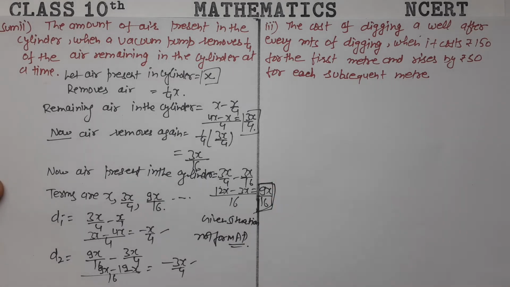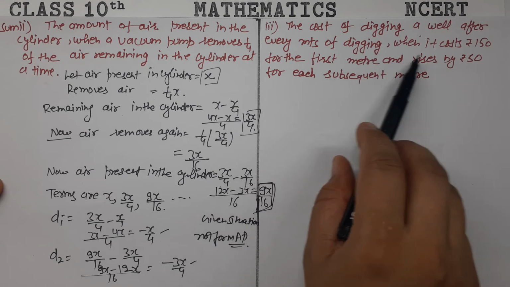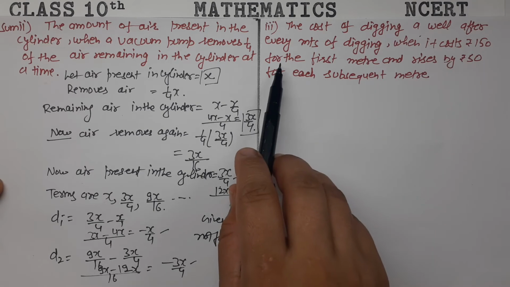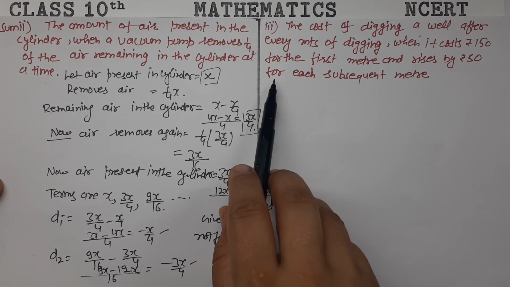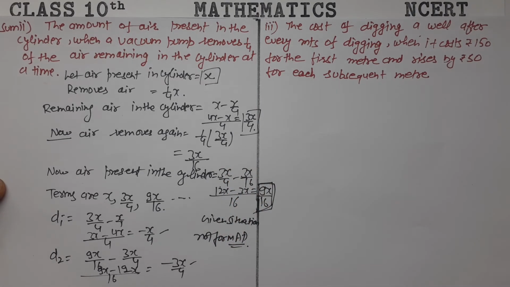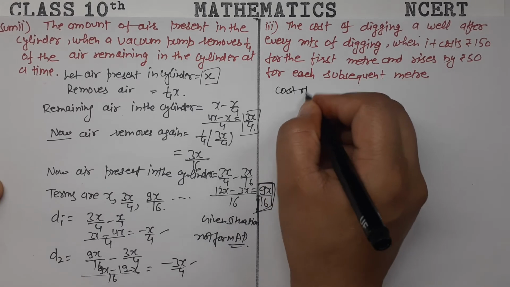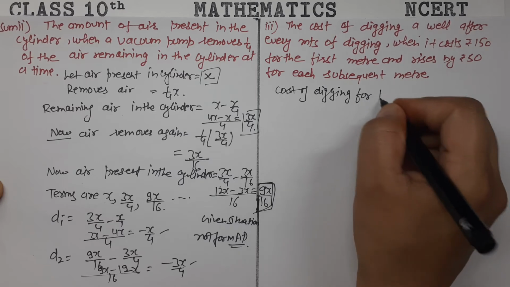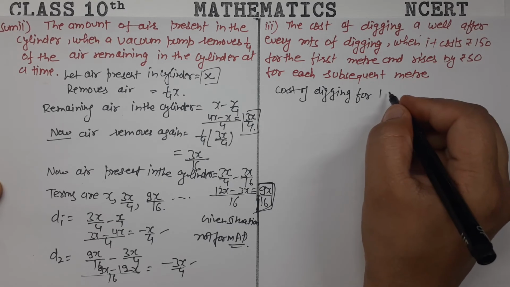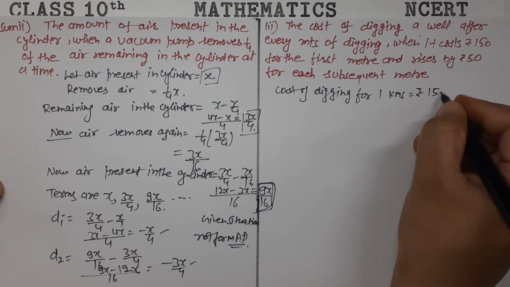Next is part third. The cost of digging a well after every meter of digging, when it costs rupees 150 for the first meter and rises by rupees 50 for each subsequent meter. Same as part first. Cost of digging for the first meter is rupees 150.